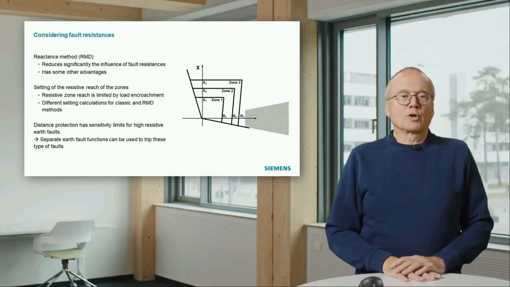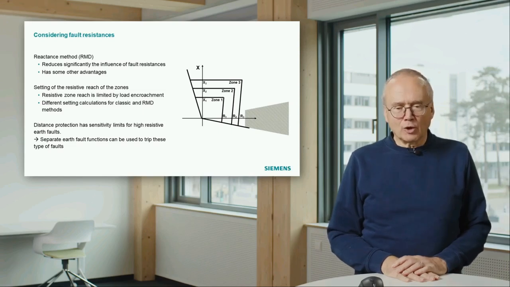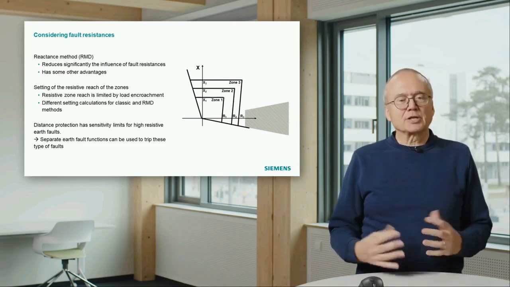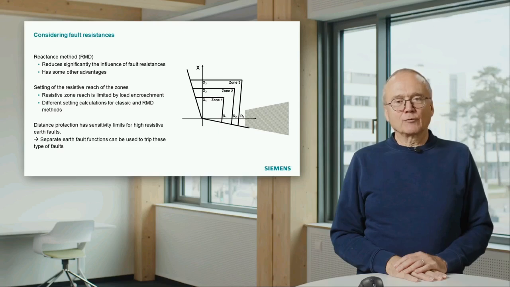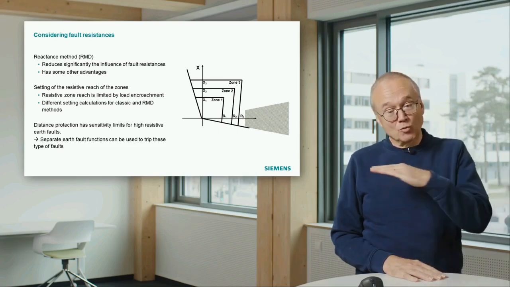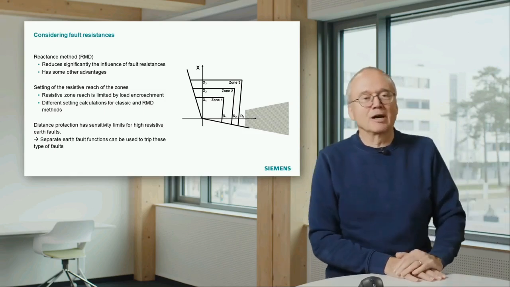So after this look into the simulation, I would like to do some concluding remarks on the issue of fault resistances. We saw that fault resistances in conjunction with pre-fault load can influence also the reactance measurement. That means they would move the measured impedance not only to the right, but also up or down.